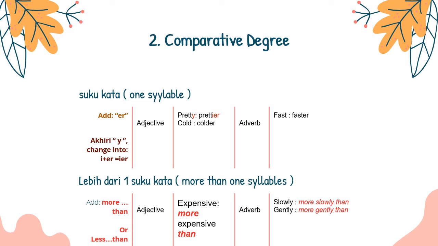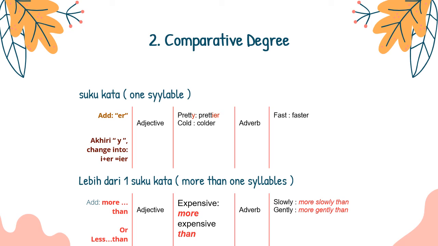And when the word ends with y, we have to change y into i and add er. For example, the word pretty in comparative degree becomes prettier. We change y into i and then add er. So pretty becomes prettier. Cold, colder. And we have an adverb here. Fast becomes faster. That is for one syllable.